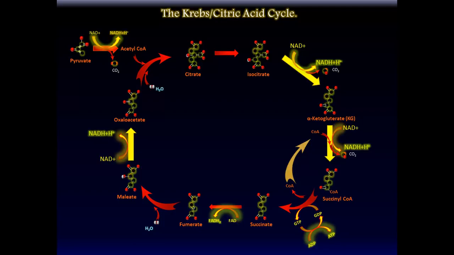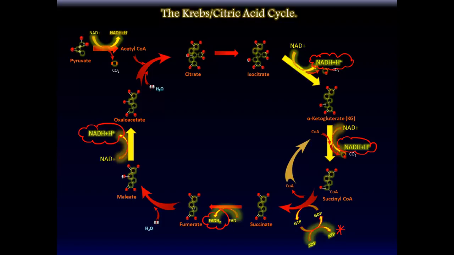And malate is, again, converted to oxaloacetate, generating, again, one NADH molecule. So look how much potential energy is over here in the form of electron carriers. So you can see the Krebs cycle generates a lot of electron carriers, and these are all going to go to the electron transport chain. It also generates ATP over here.